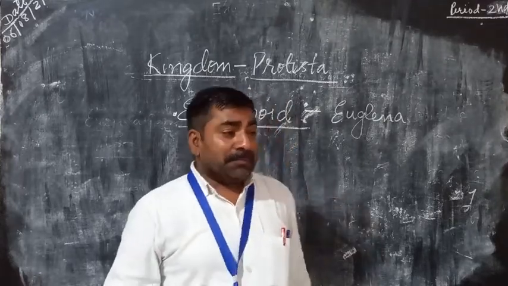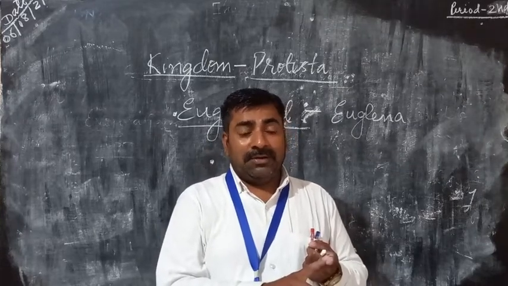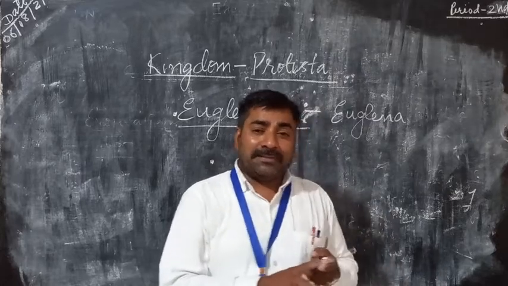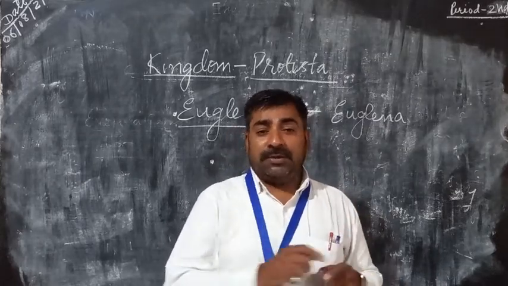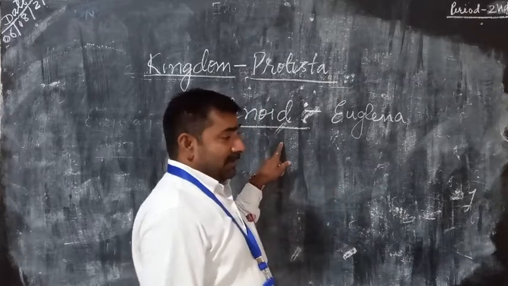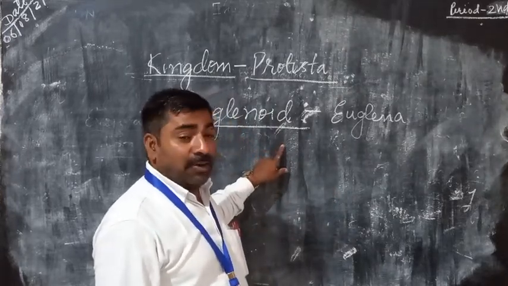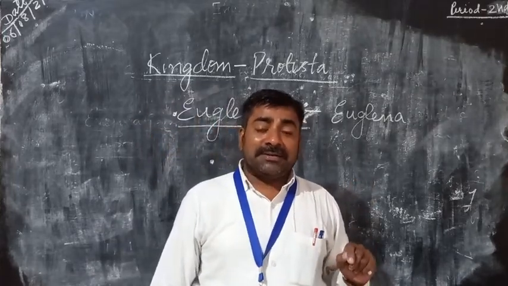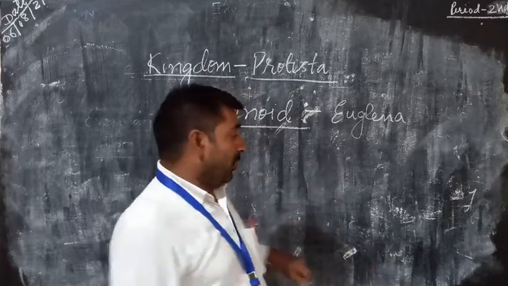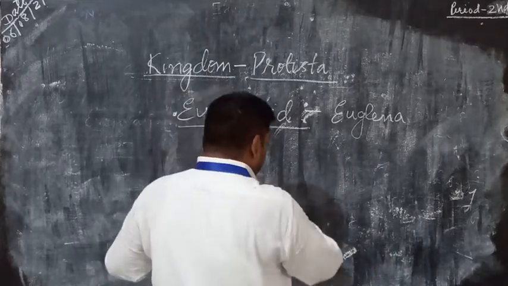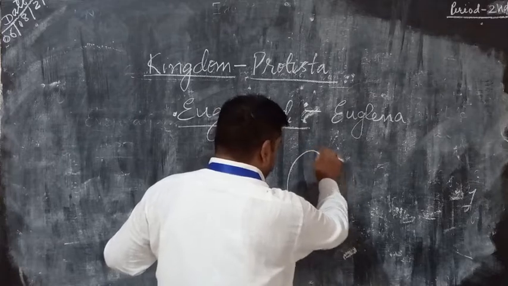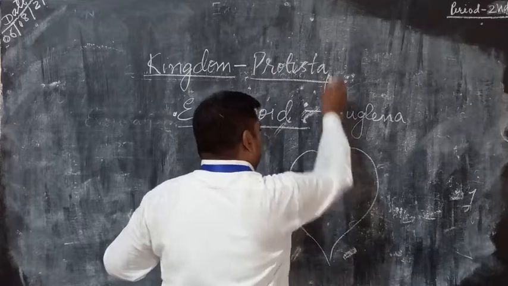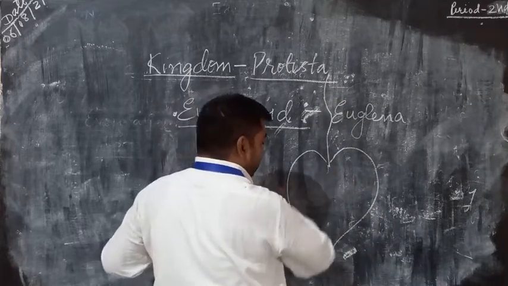Whereas chrysophytes have a cell wall made up of cellulose and silica, and dinoflagellates have a cell wall made only of cellulose, the cell of euglenoids has only a plasma membrane and lacks a cell wall. If you see the diagram, Euglena has a shape like this, with a flagellum.